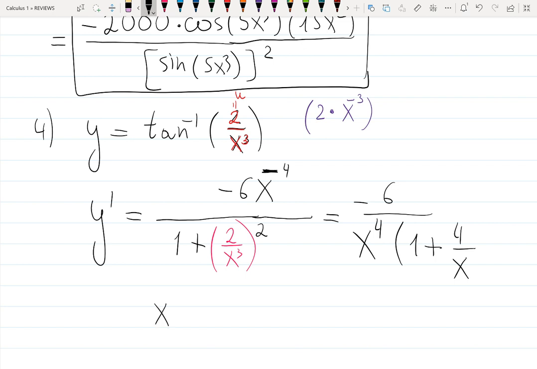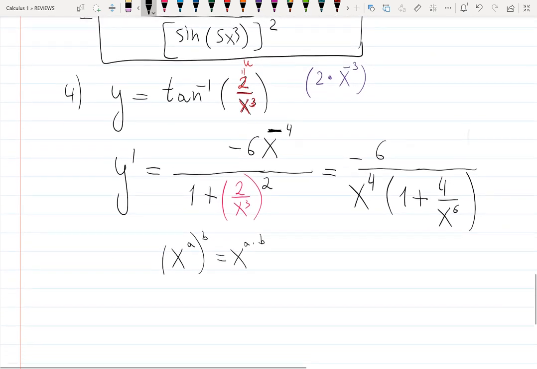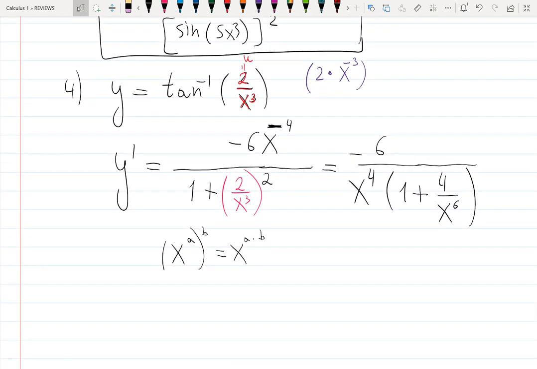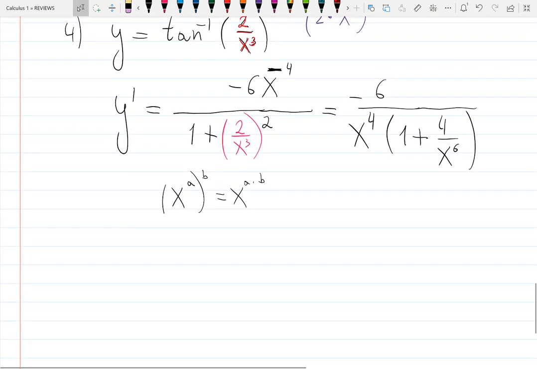Remember that x raised to the a and then b is actually x to the a times b, right? So I need to multiply 3 times 2. That's going to be 6. You can simplify even more to get a better answer. If you have a multiple choice part on the exam, maybe you want to distribute x to the 4 and so on. But I like it this way.